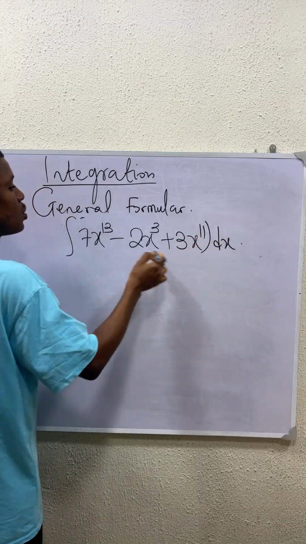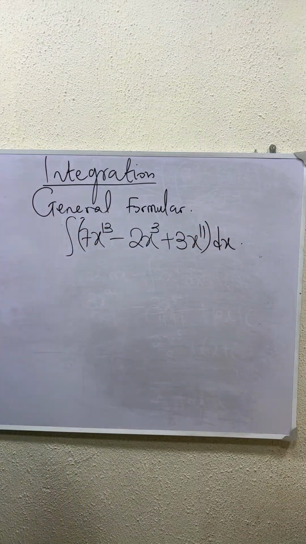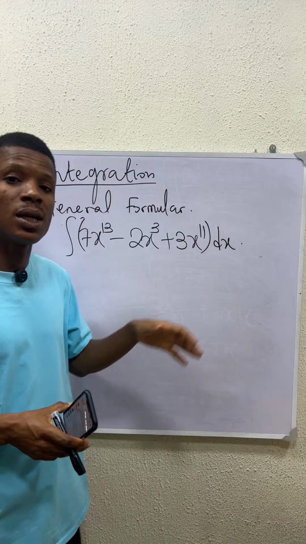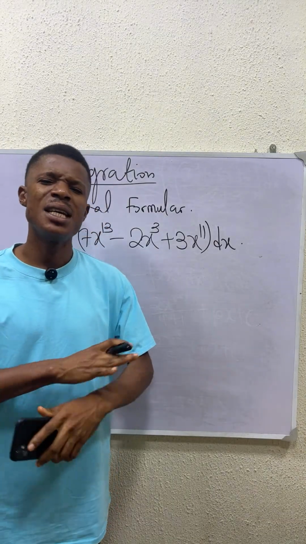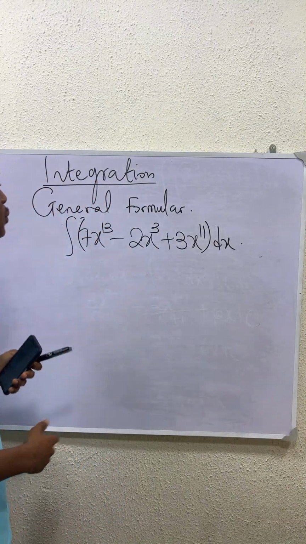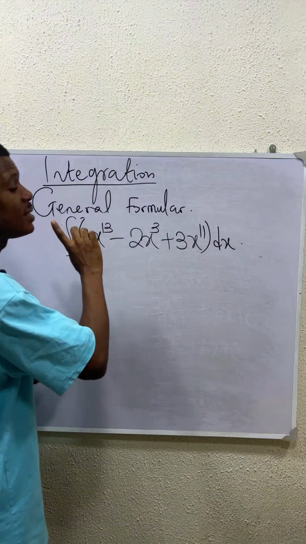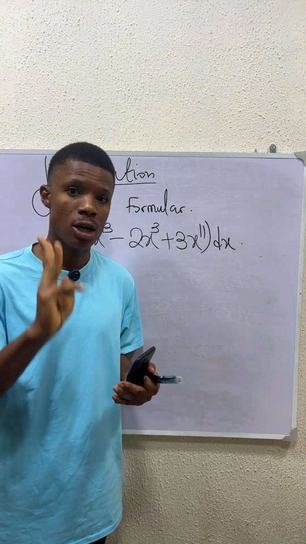Since we are integrating, this is simply integrating a sum and a difference. It is very, very simple. What you have to do whenever you are integrating a function like this is to integrate the terms one after the other.